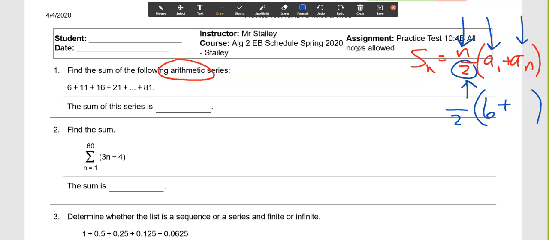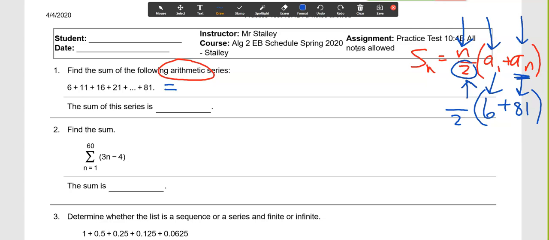Do we know the number of terms, or the last term? The last term, that's A sub n right there, is 81. So the first term is 6 and the last term is 81. That information we've been given. The thing we have not been given is how many terms there are.